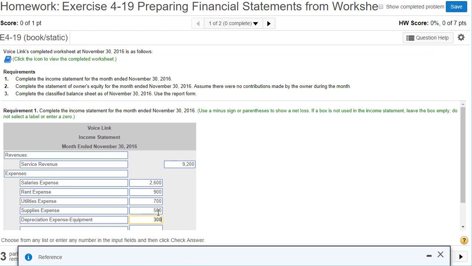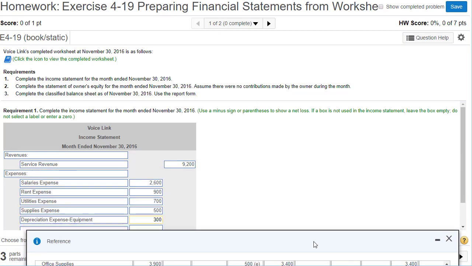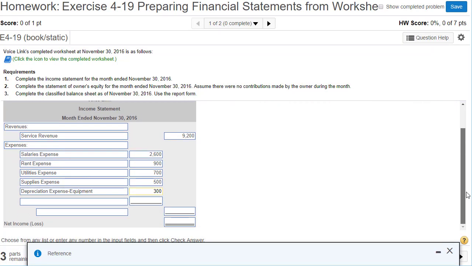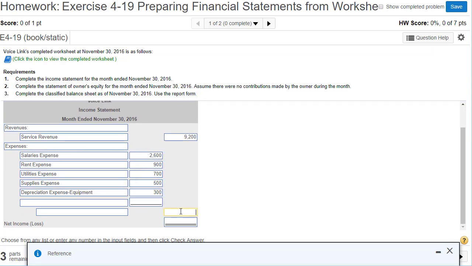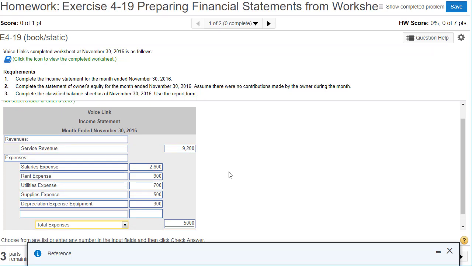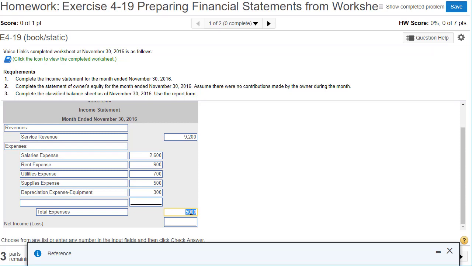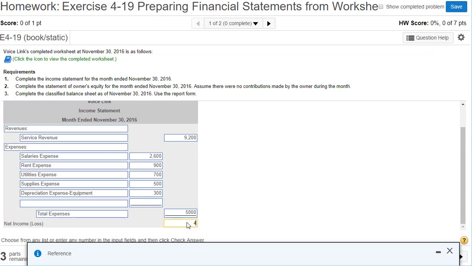So we got 1, 2, 3, 4, 5 expenses for a total of $5,000. Of course, you should double check, add these 5 up, make sure that they equal $5,000. Total expenses. So now we can take revenues, subtract our expenses, and we get $4,200 of net income.